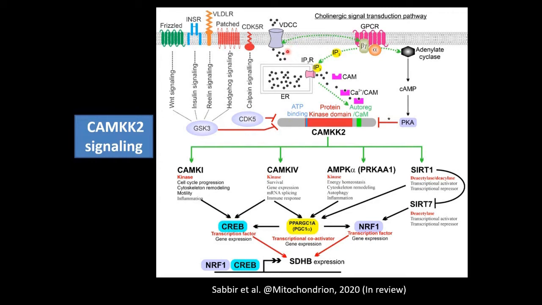Or they may cause formation of the second messenger IP3, which then binds the endoplasmic reticulum bound IP3 receptor and opens the ion channels, causing release of calcium into the cytosol. Thus, the increased cytosolic concentration of calcium then activates calmodulin, which binds to CAMKK2 and activates its serine threonine kinase function.